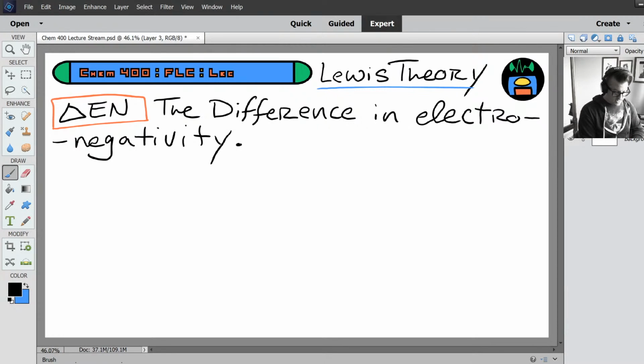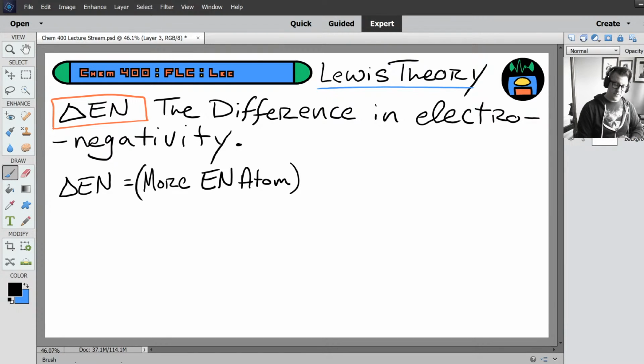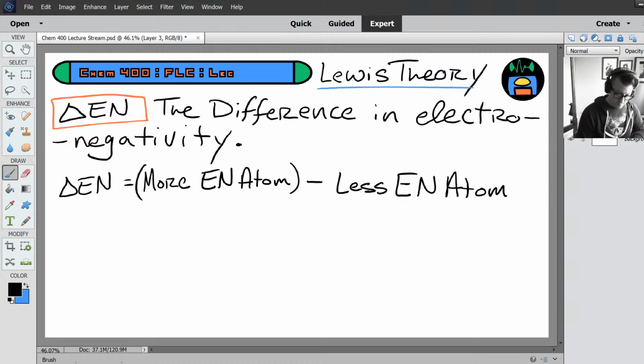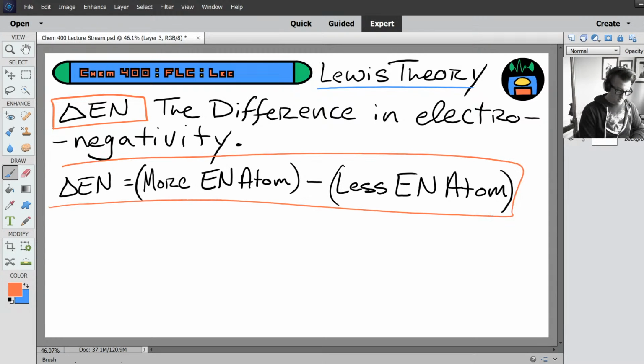To calculate the difference in electronegativity between two atoms, you simply take the more electronegative atom's electronegativity and subtract the less electronegative atom's electronegativity.